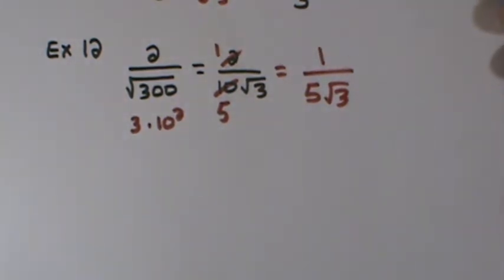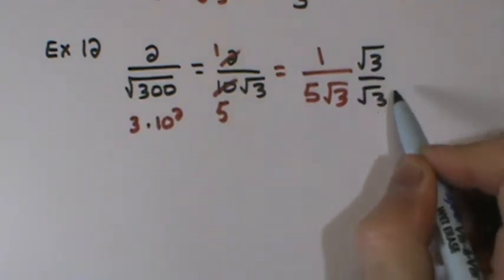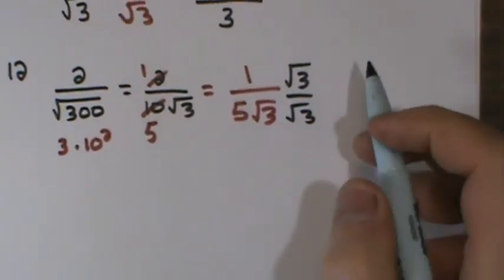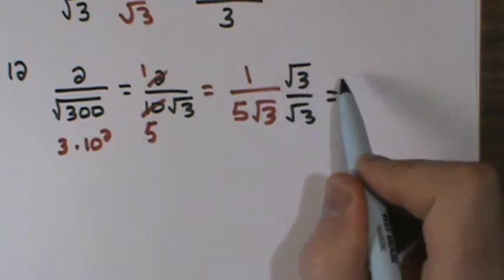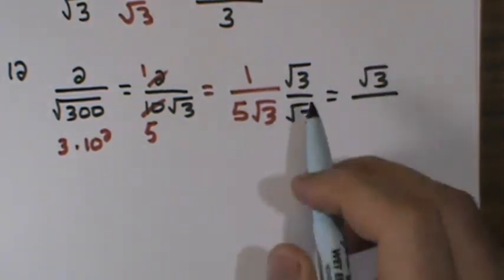Now we begin this concept of getting rid of the radical in the denominator. We can simply multiply top and bottom by radical 3 to rationalize, stabilize that fraction. And this would become 1 times rad 3 is just radical 3 over 5.